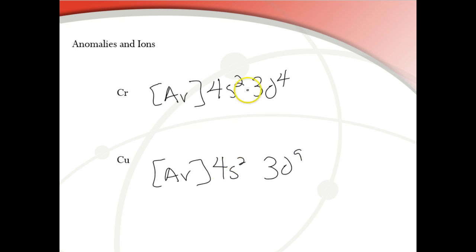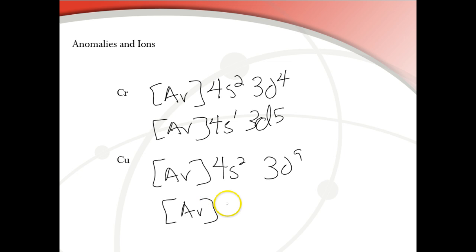However, they both do the same thing, and the reason is because fully filled and half-filled subshells, so 5 and 10, are relatively stable. So what chromium and copper do is they promote one from the 4s into the 3d, giving us a half-filled orbital for the d subshell for chromium and a fully filled subshell for copper.